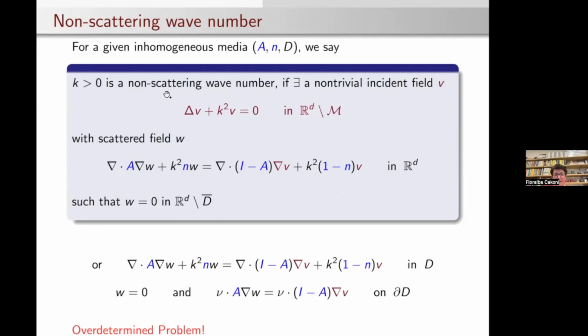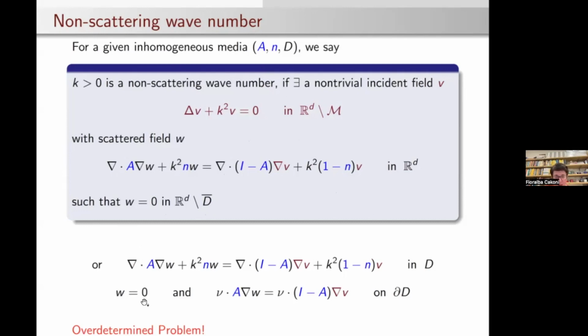So you can see that the system of equations that would give me a non-scattering wave number is actually overdetermined, because W equal to 0, say for Lipschitz boundary, means that on the boundary we have prescribed the Cauchy data.